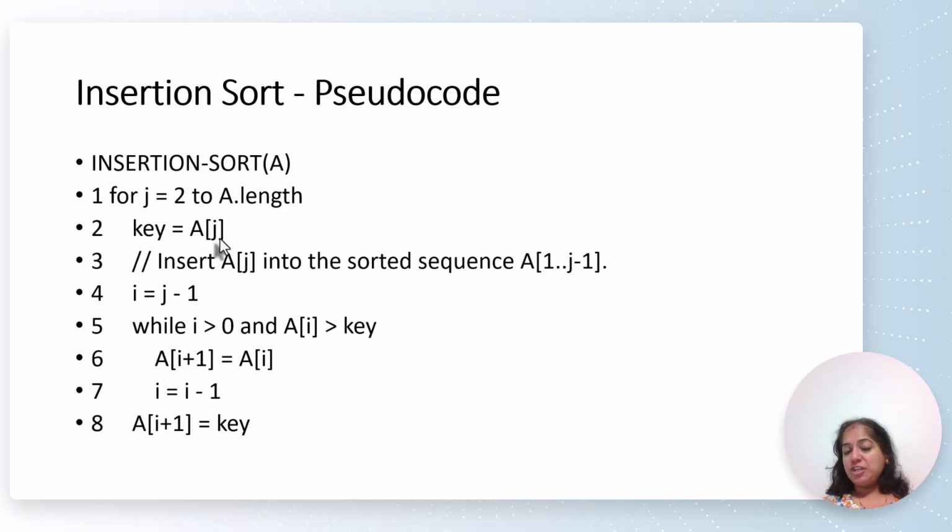Key equals a[j], that means the element which we want to put at its proper position. Then we use a while loop to shift the elements to make space for the element, and then we insert the element in step 8. We insert the key at its proper position.